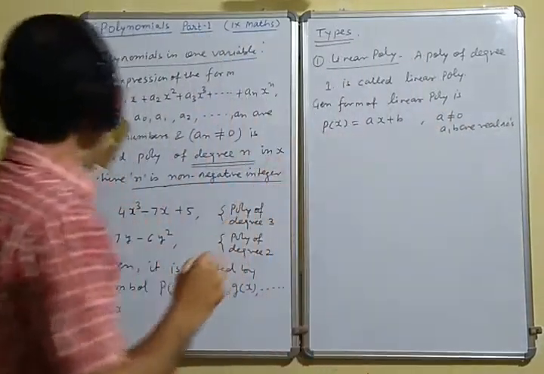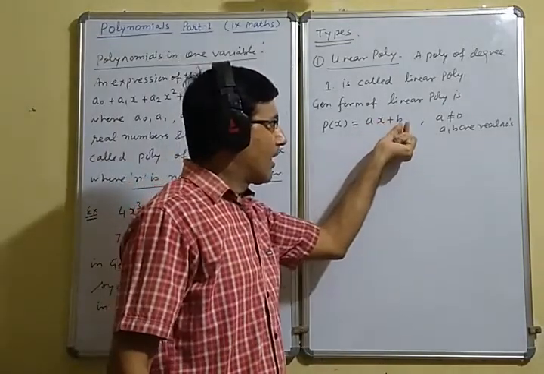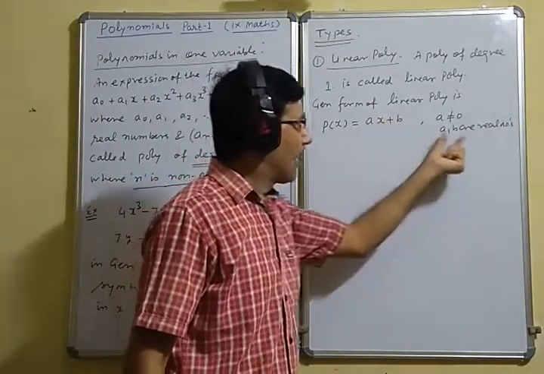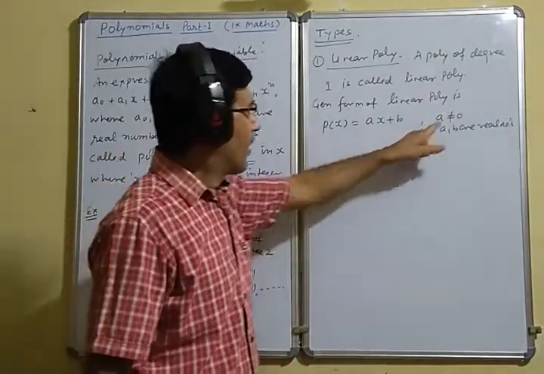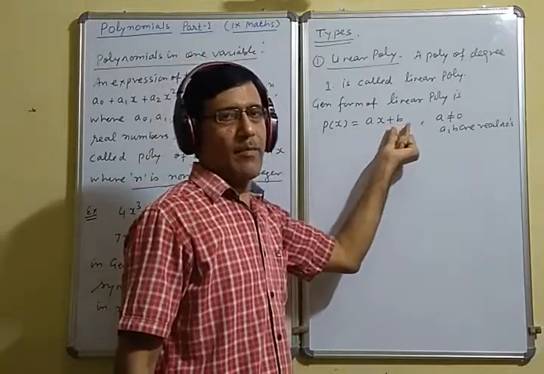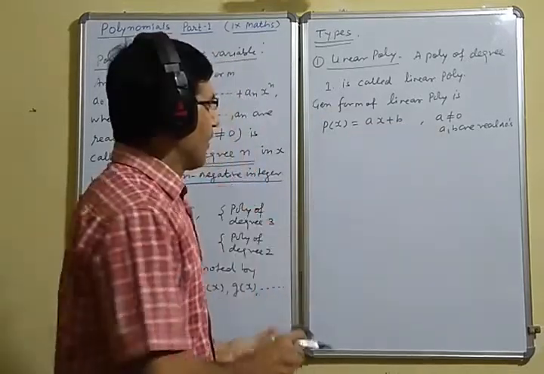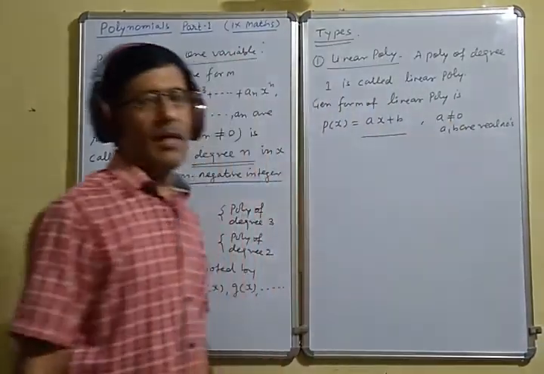Here, in place of a0, a1, I have taken just a, and next one is b. So a and b are real numbers. a cannot be 0. Why? If a becomes 0, you will get a constant, so that is a constant polynomial. So this is the general form of a linear polynomial.